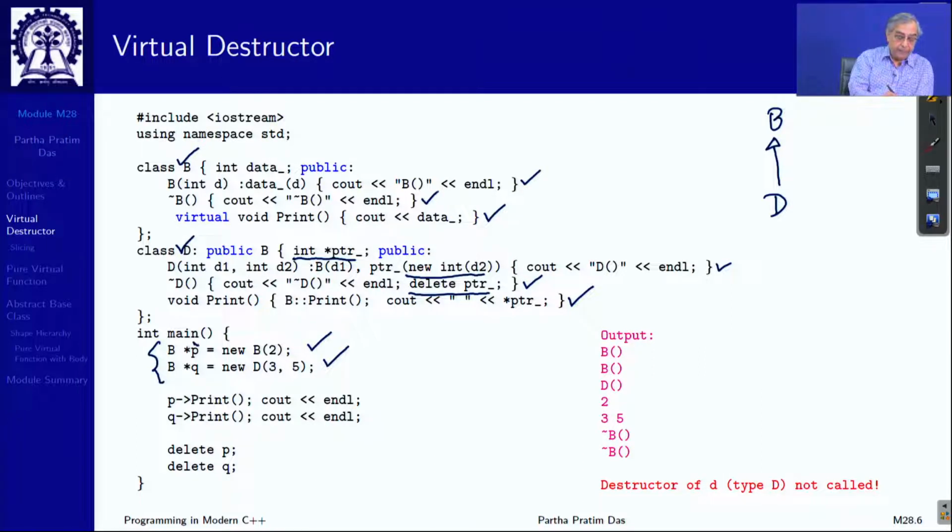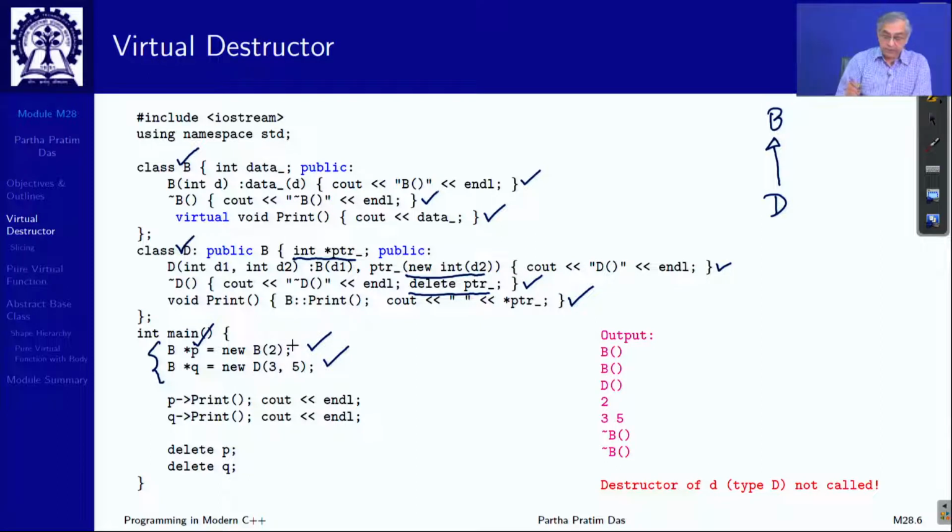For P, the static as well as the dynamic type is pointer to class B, whereas the static type of Q is B, whereas the dynamic type of Q is D, because it is actually pointing to D.